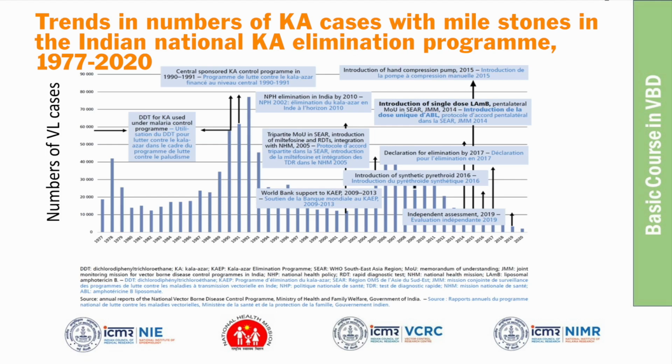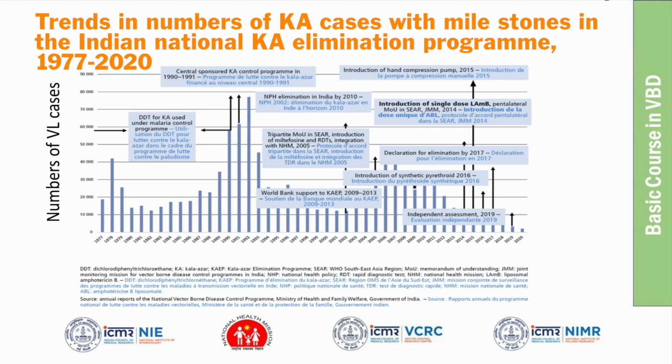As per the tripartite memorandum of understanding between India, Nepal, and Bangladesh, they introduced miltefosine and RDTs, with integration with the National Health Mission in 2005. And in 2009 to 2013, the World Bank supported the Kala-Azar elimination program.